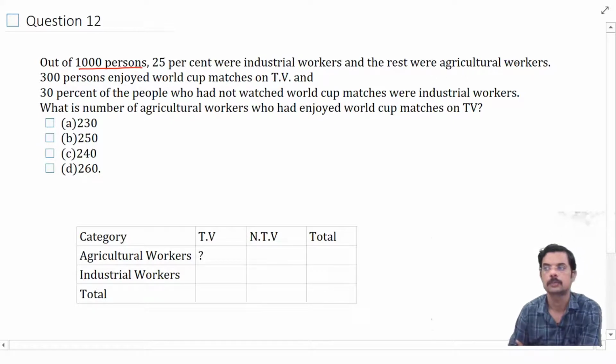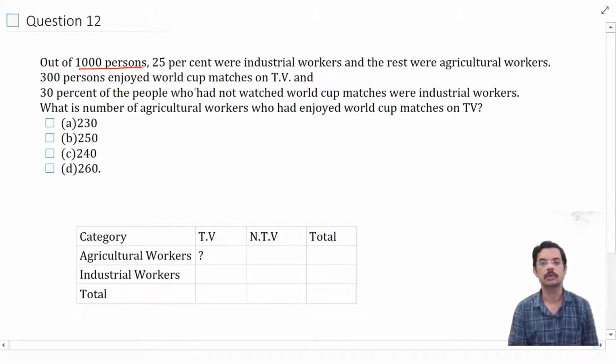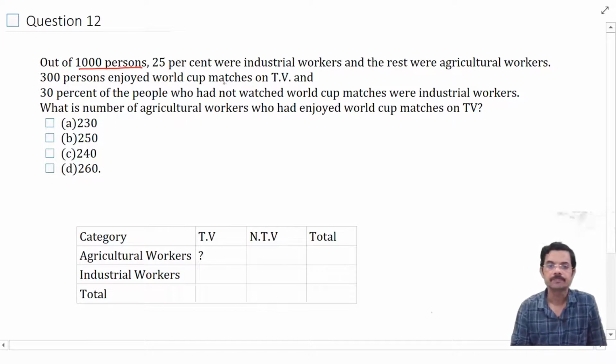Now, 300 persons enjoyed the World Cup matches on TV, and 30% of people who had not watched the World Cup matches were industrial workers. Now, what is the number of agricultural workers who had enjoyed the World Cup matches on TV?